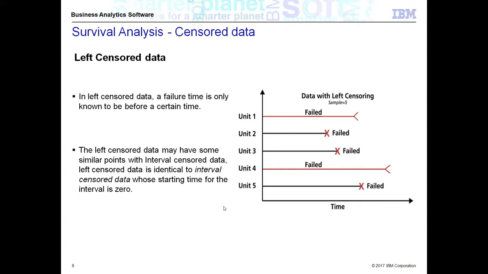For instance, like the example I told you for interval censoring, we may know that a certain unit failed sometime before 100 hours, but not actually when. In other words, it could have failed anytime between 0 and 100 hours.